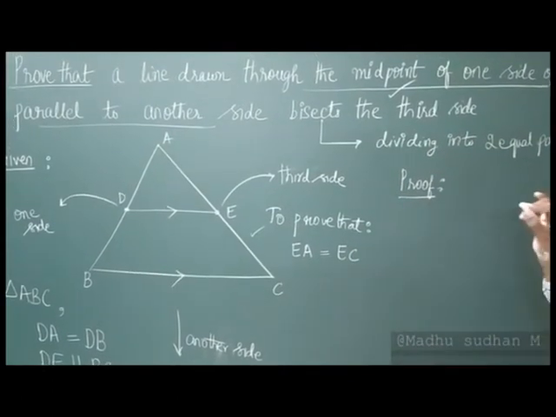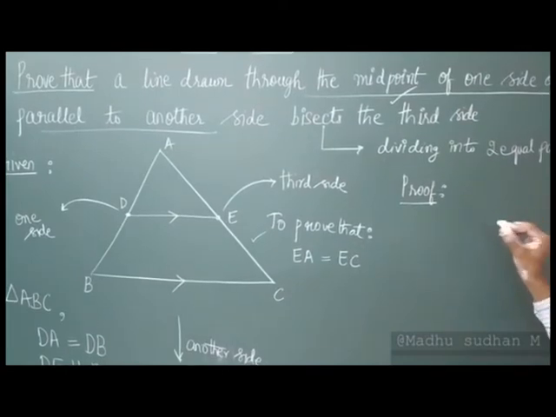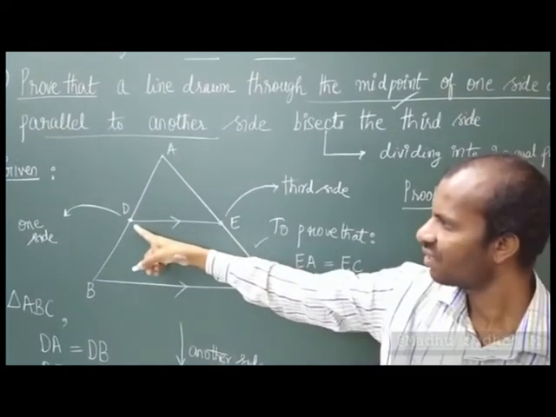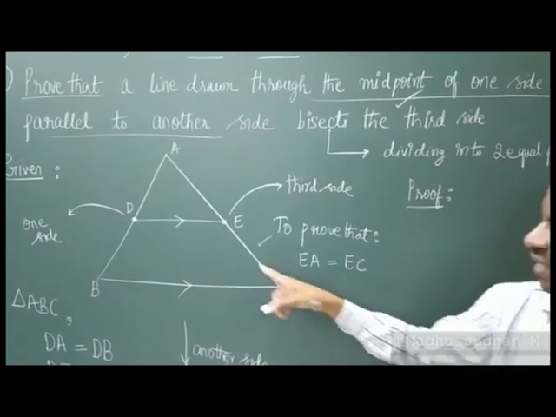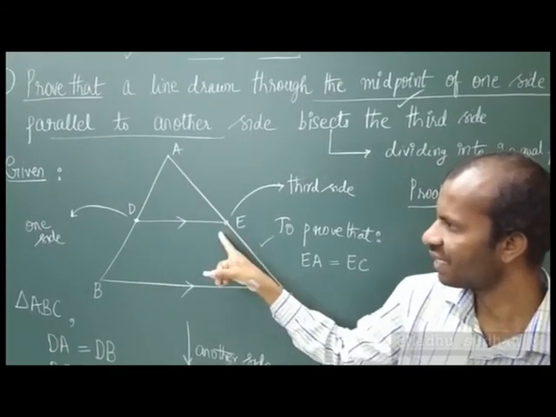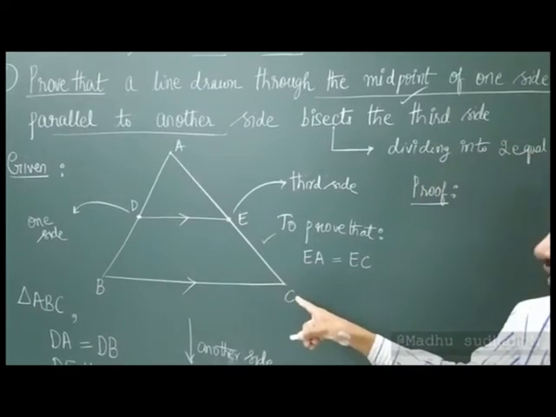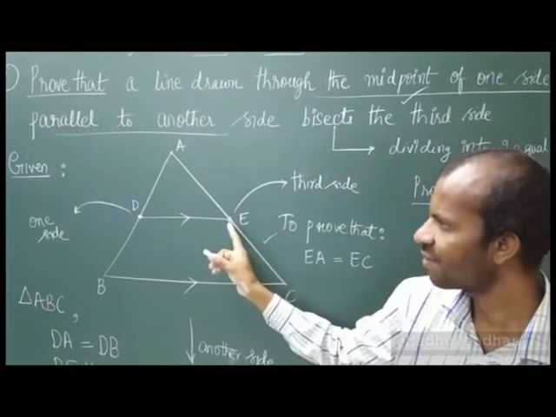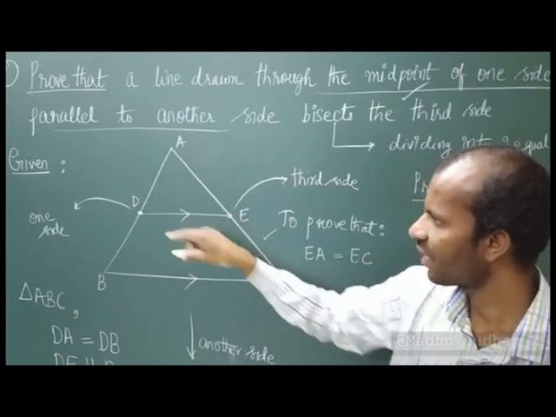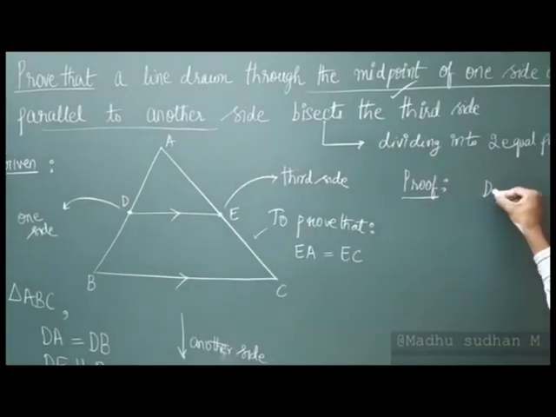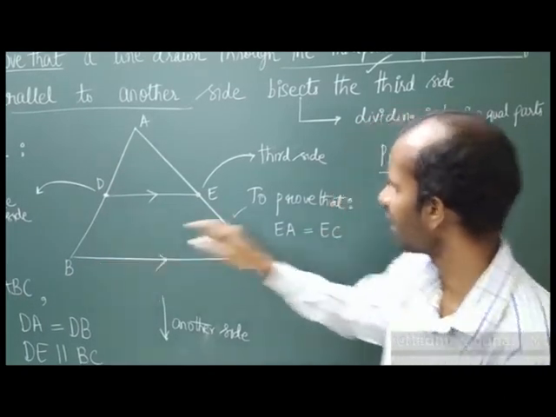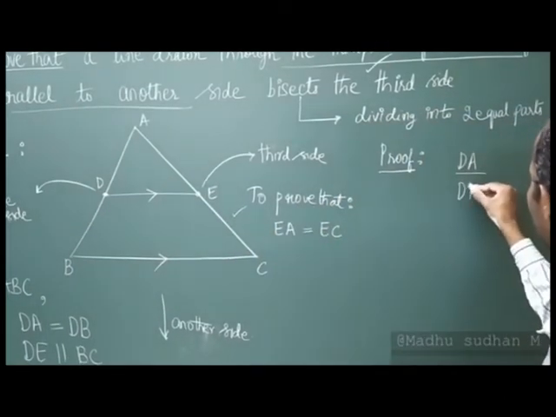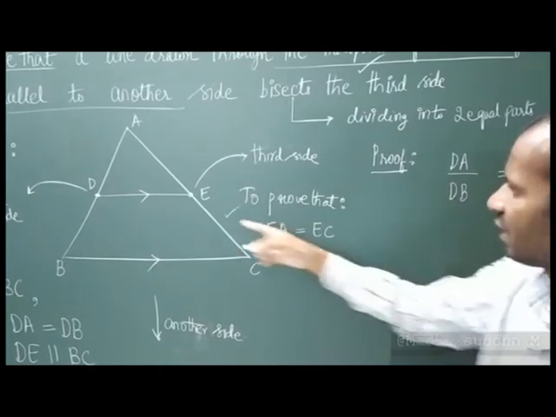See, we have already understood the basic proportionality theorem. When a line is drawn parallel to one side of a triangle, then the distinct points that intersect AB and AC divide those sides proportionally, right? So can I write DA by DB, which is equal to what?